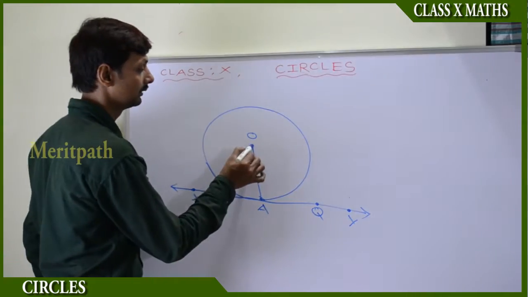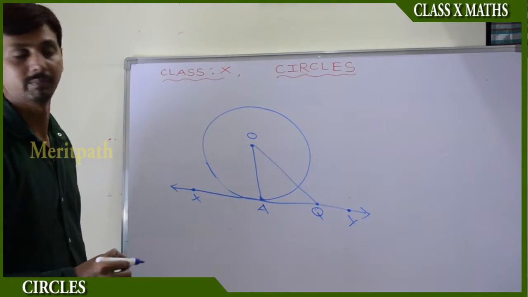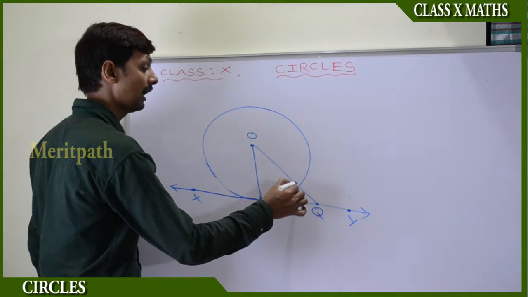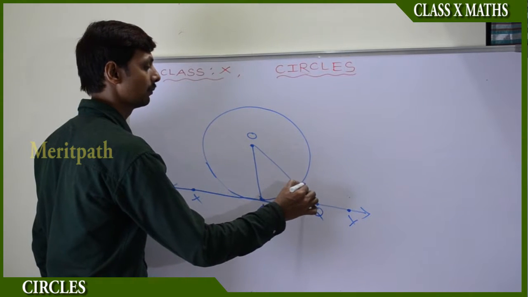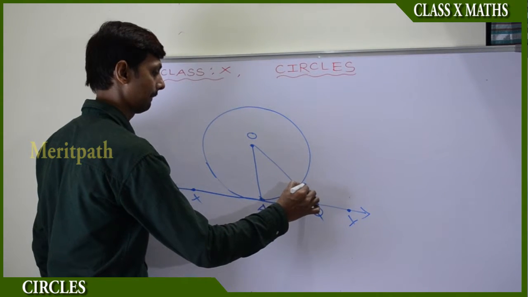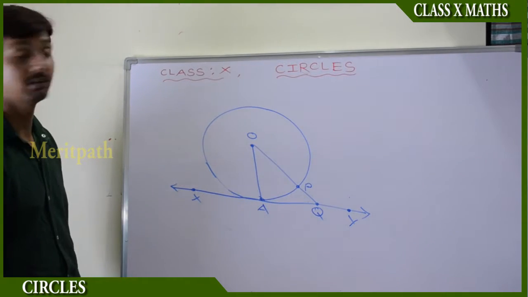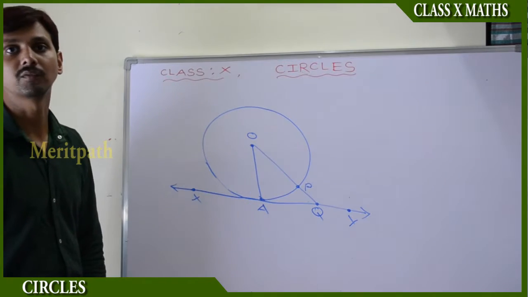When we join O to Q, it forms a line segment. Let us see here. The point where the line intersects the circle is taken as point P. And here we can observe that OA and OP are radii of the circle.